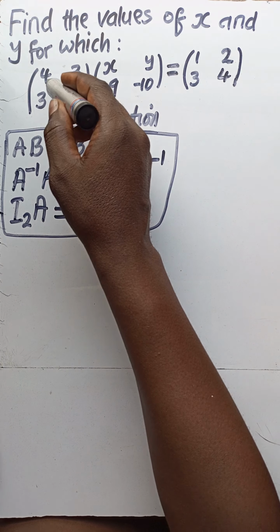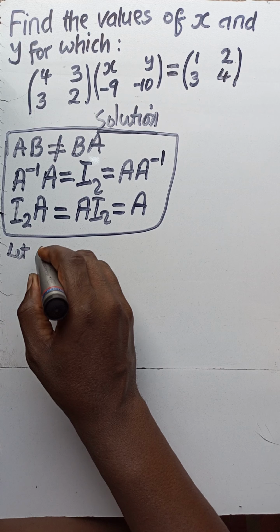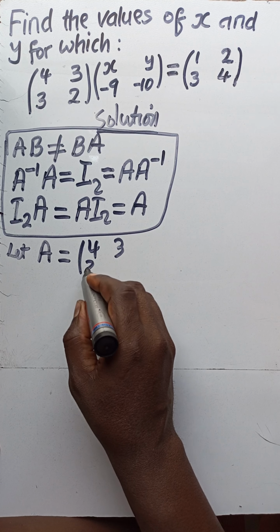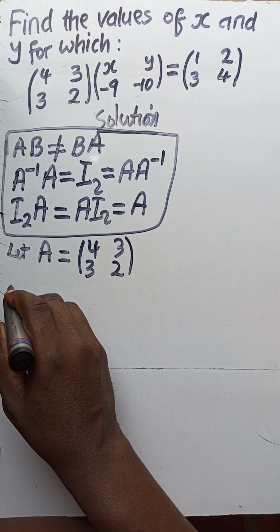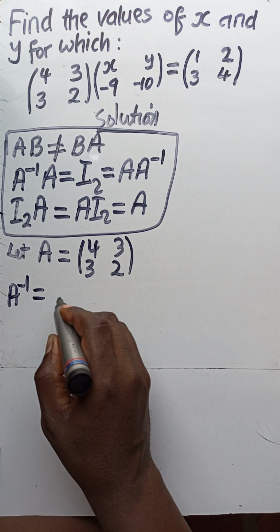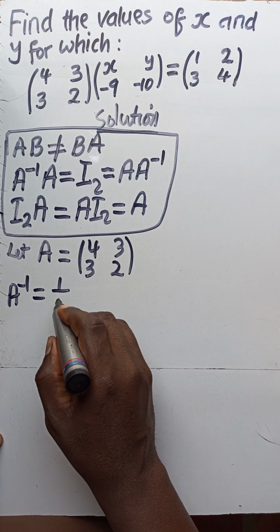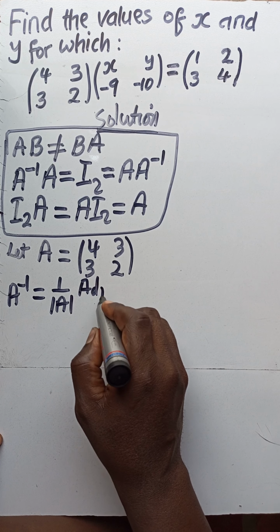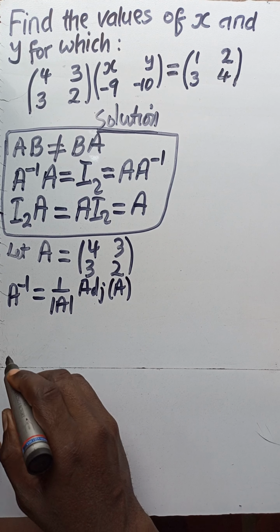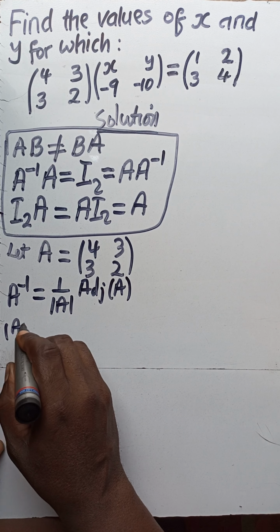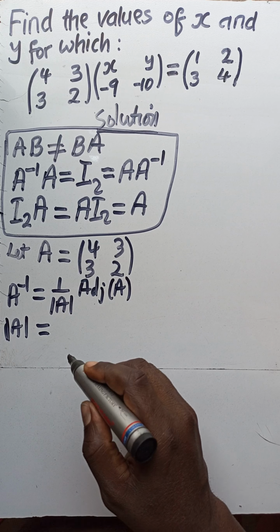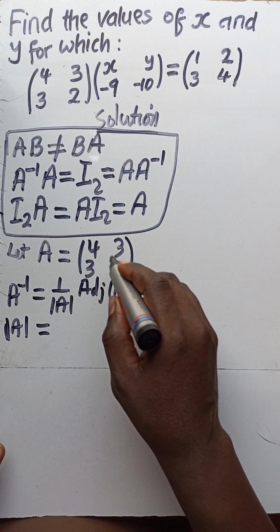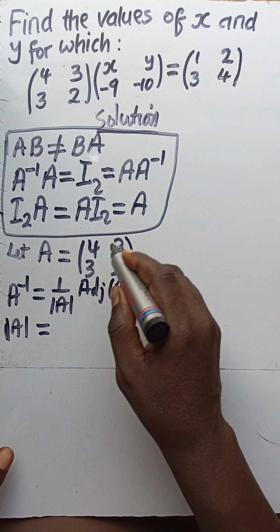Look at this matrix here. Let us call that matrix A. Now let's look for the inverse of the matrix A. The inverse of the matrix A is 1 over the determinant of A times the adjoint of the matrix A. So the first thing to get is the determinant of the matrix A. The determinant is the product of elements in the leading diagonal minus the product of elements in the alternate diagonal.